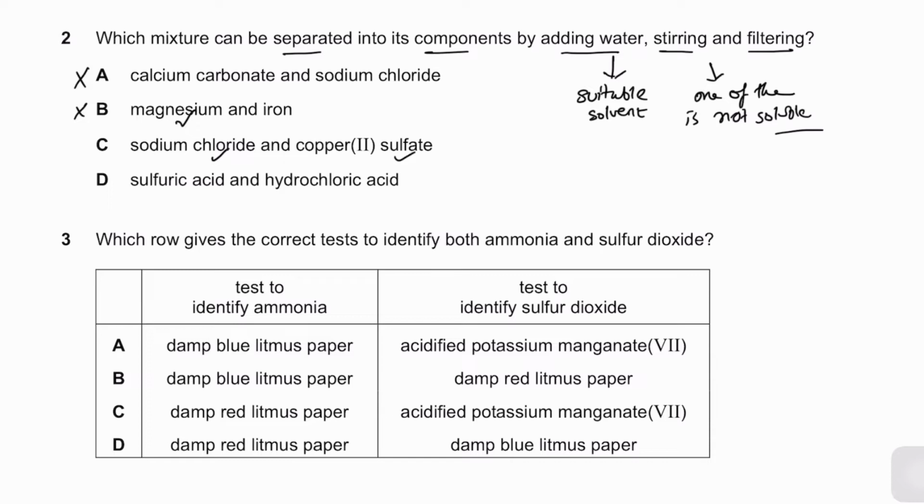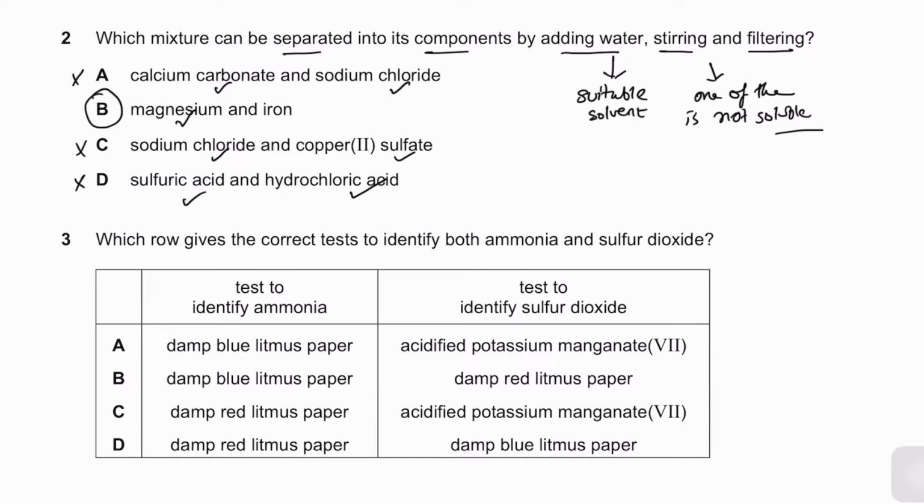So for number 2, option C will also be wrong. Sulfuric acid is also soluble. Hydrochloric acid is also soluble. So this is also wrong. So C and D are confirmed incorrect. Calcium carbonate is soluble and sodium carbonate is soluble, so this won't be the answer.